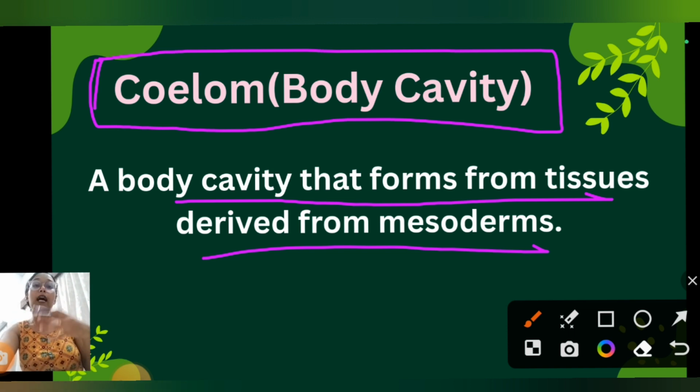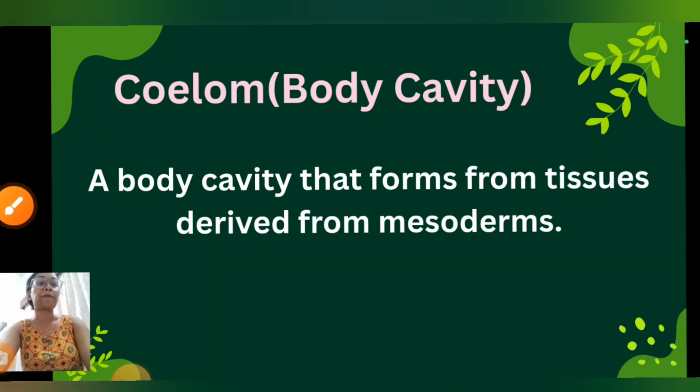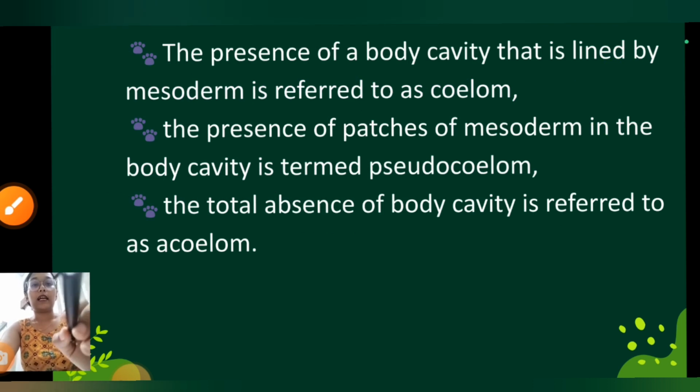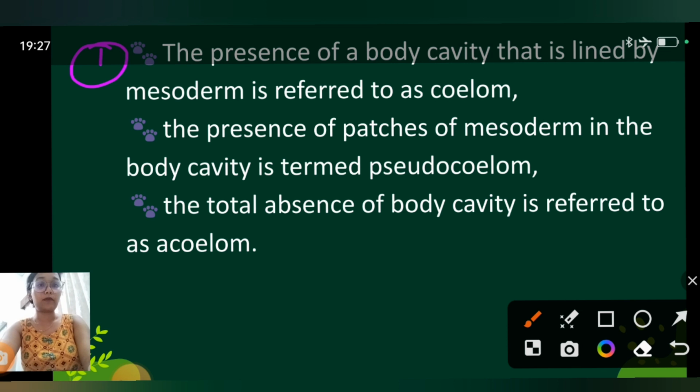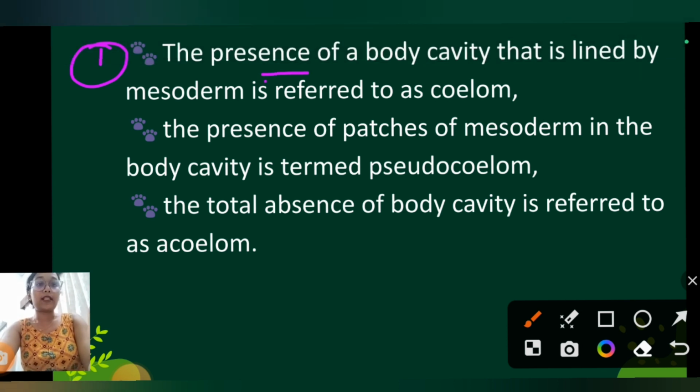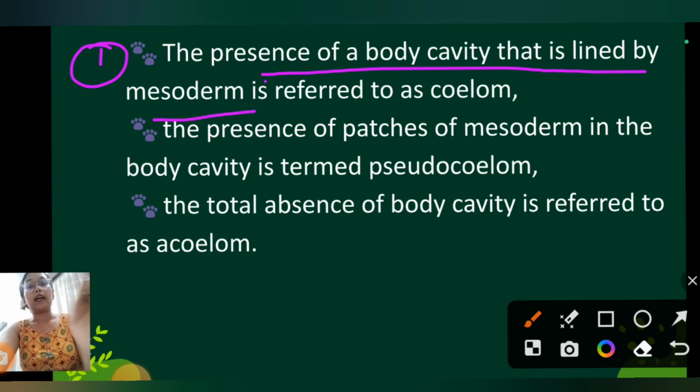So now we will study the three different types of coelom which are present in different organisms. Let's start with the three different types. This is number one type. The presence of a body cavity that is lined by mesoderm, that means the mesoderm has been modified to form the body cavity, is called a coelomate organism.